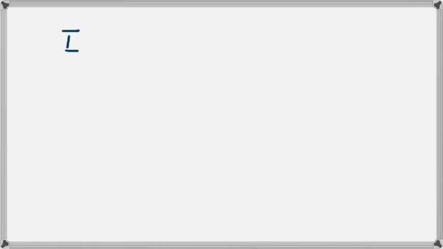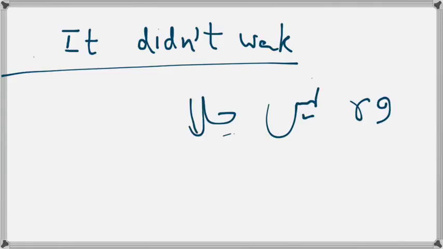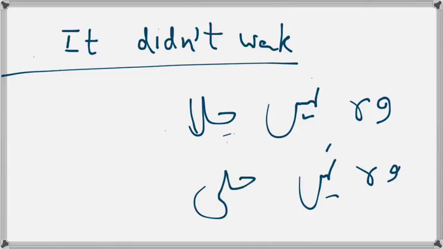And it didn't walk, so we just use वो नहीं चला for male and वो नहीं चली for female, just like he and she.